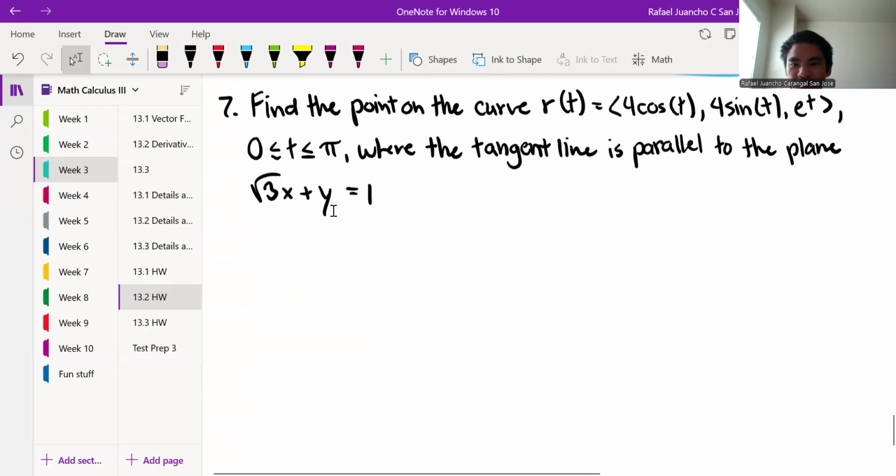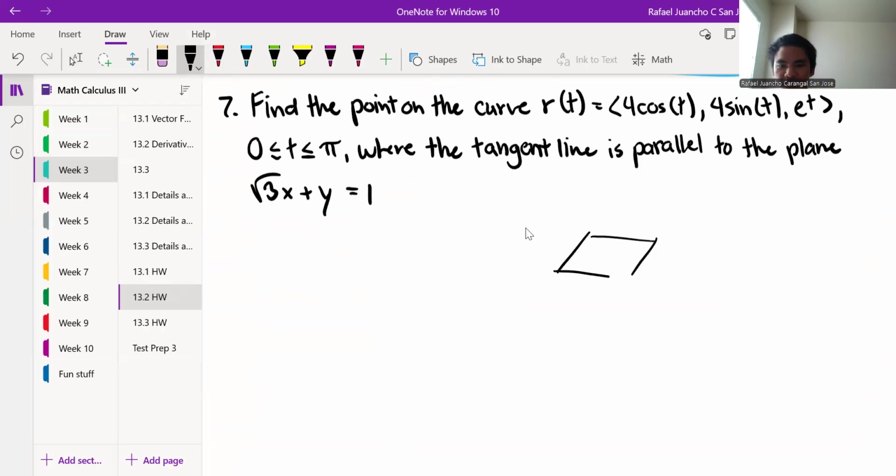What else can we say? How do we know if a tangent line is parallel? Let's actually draw it out maybe. We have a plane with that equation, and we have a tangent line parallel. So when we say parallel, it's maybe a line above here, and then they have the same distance here.